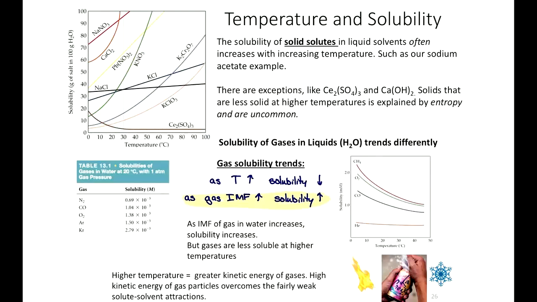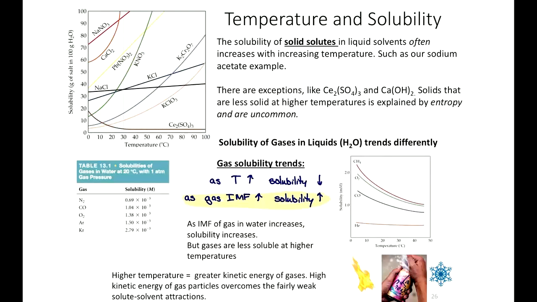So solids, for the most part, we saw with saturated solutions, solids get more soluble at higher temperatures. The water molecules are vibrating more. If they're vibrating more, they can get in there and grab those solid particles and turn them into a solution. They can dissolve them.